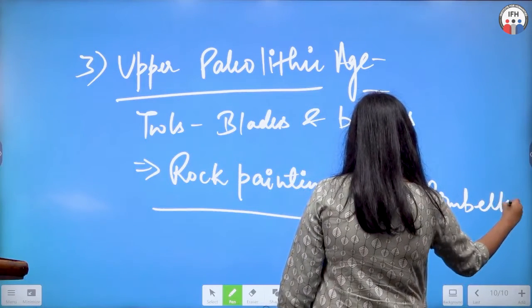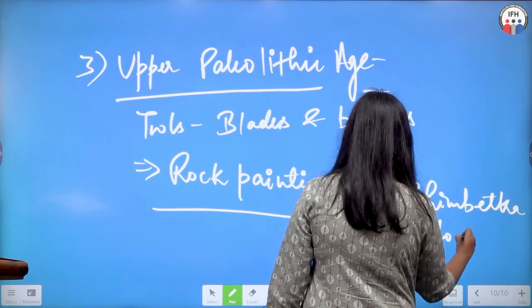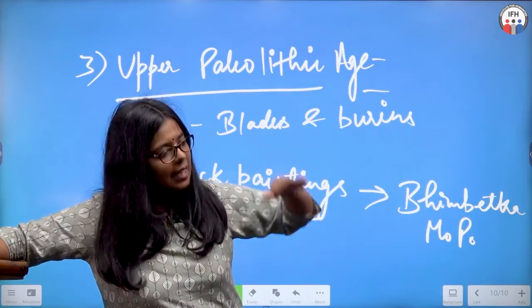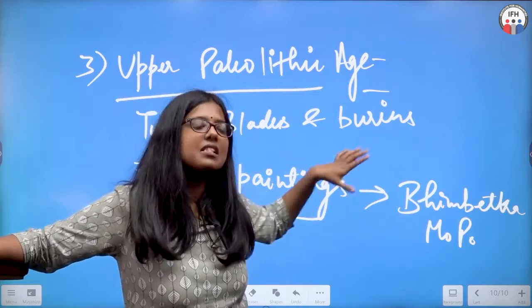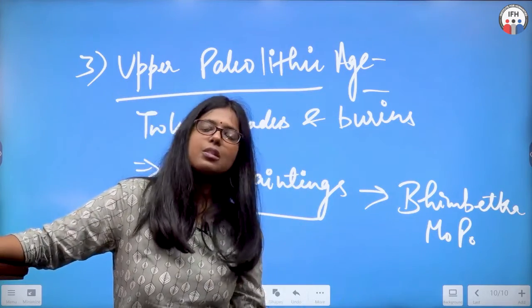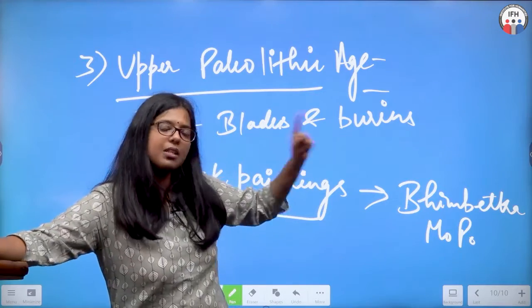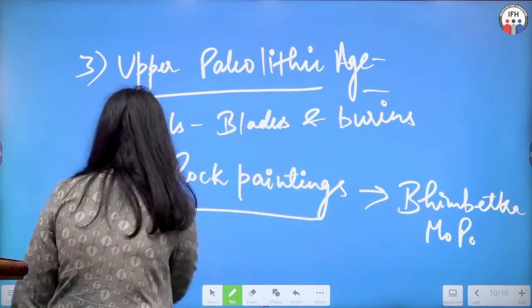Bhimbetka in Madhya Pradesh. So after this, what will happen? That ice age, the ice will start gradually melting, and the Holocene age will come. The changes which are coming with Holocene, we'll look into that in Mesolithic age.